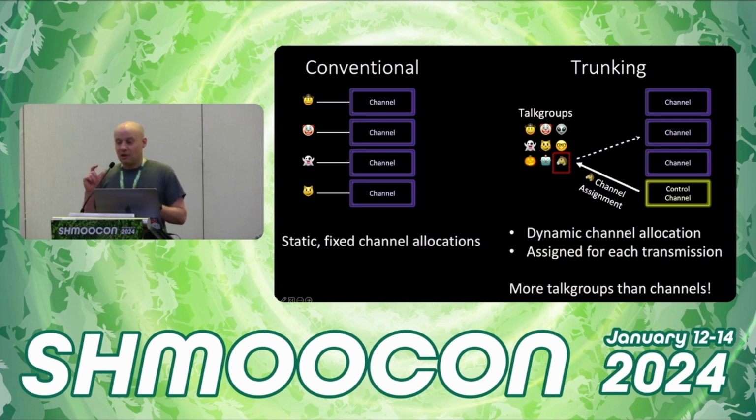So a talk group is only assigned a frequency slash channel when they want to talk. They say to the system, hey, I've got to say something. The system says, hey, I have this RF frequency available. Go talk there. The benefit of doing this is you can have lots of talk groups, lots more talk groups than you have channels. So that also lets you get very specific on the type of talk groups you have. You can have four people in a talk group, so you can have a lot of specificity there. And back to that, it means you get a lot of information about what they're going to talk about.